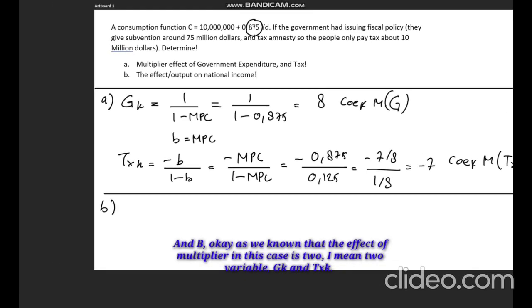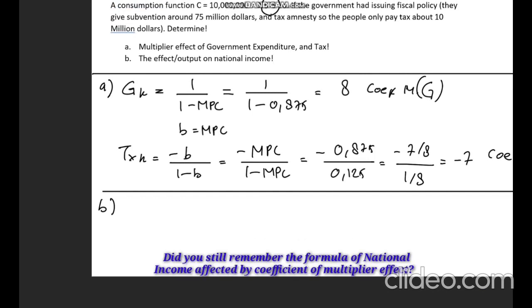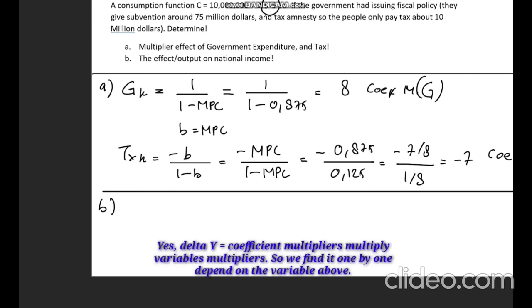And then B. Okay, as we know, the multiplier effect in this case involves two variables, GK and TxK. Do you still remember the formula of national income affected by the coefficient of the multiplier effect? Yes, delta Y equals coefficient multipliers multiplied by variable multipliers. So we find it one by one depending on the variables above.